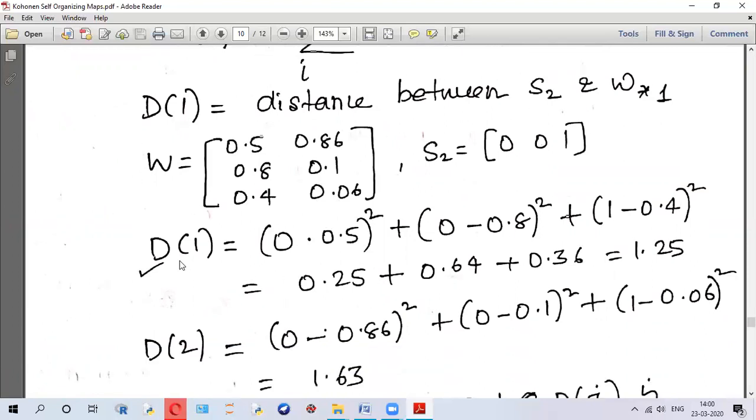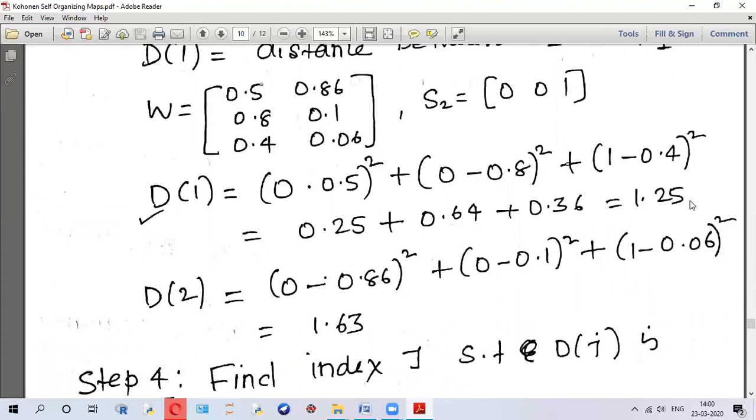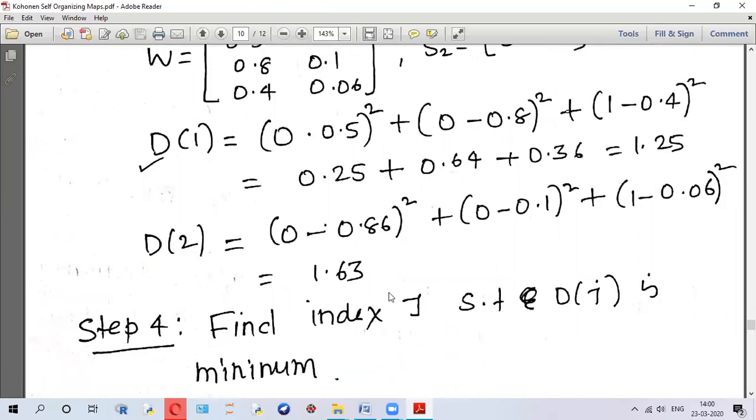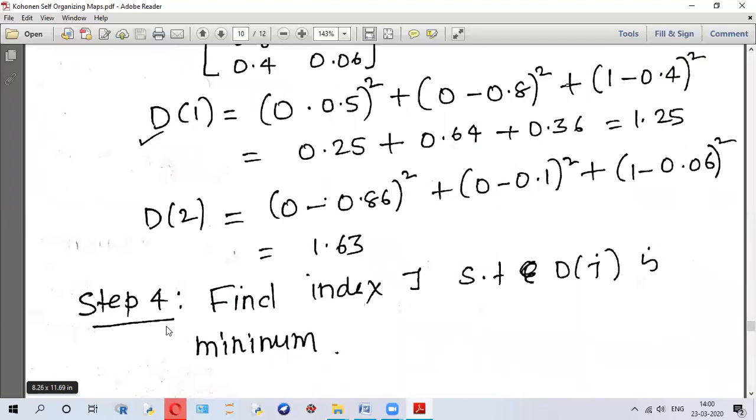So we have calculated D1 and D2. By comparing D1 and D2, this time D1 comes out to be a smaller value as compared to D2. So we reach step 4, where we have to find index J such that D1, D2 is minimum. Over here, J would be 1 because D1 is the smaller value.